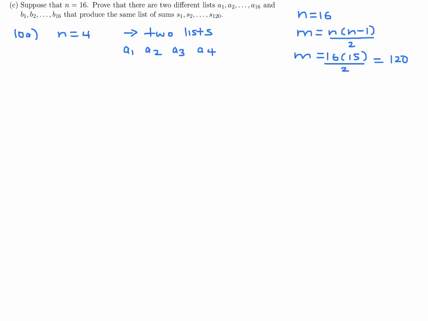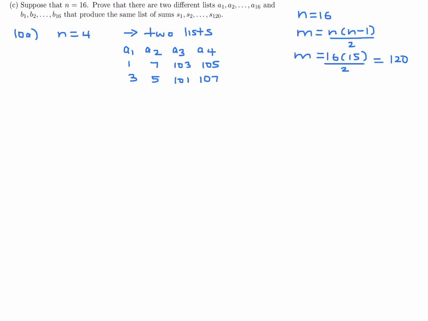And if you recall, those lists were 1, 7, 103, 105, and the other one was 3, 5, 101, and 107. So we showed that when n was 4, you can get two lists. So they want you to do the same sort of thing, that there's two different lists, but this time for n equals 16. Okay? So how do we do that?